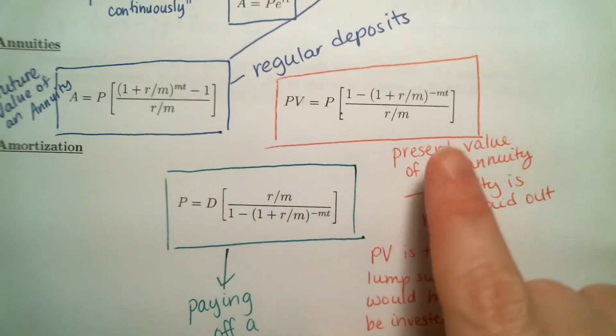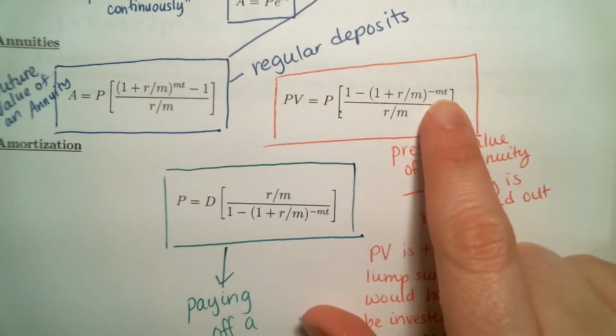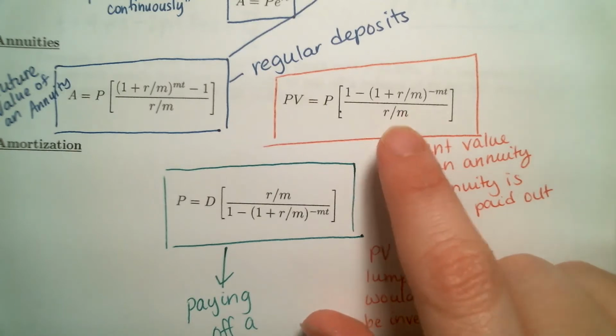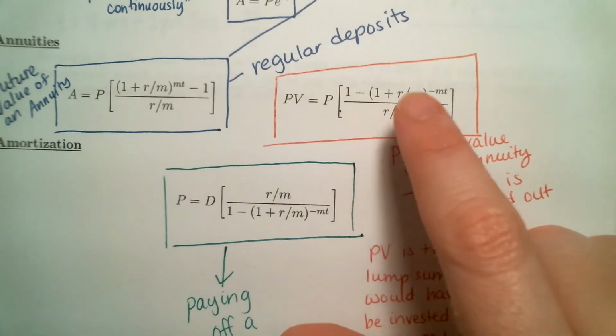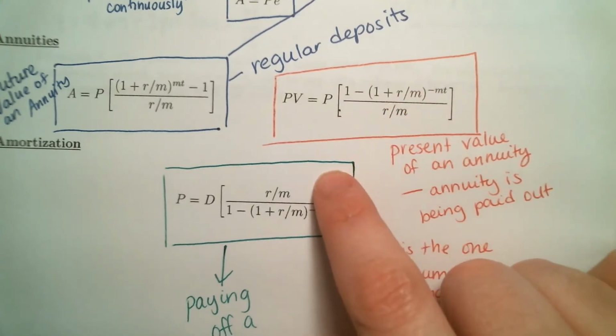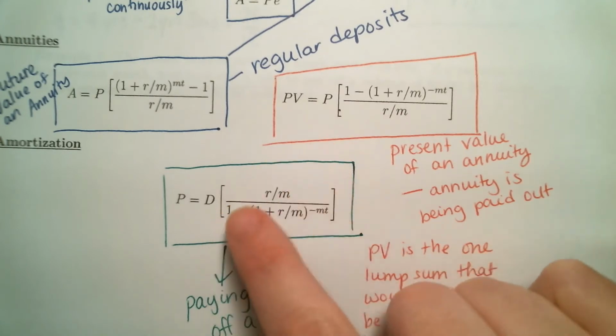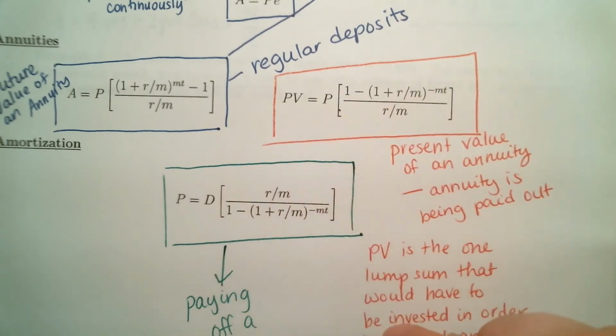In this formula, T is in the numerator, so I would use this formula instead because it's a little bit easier to solve for time in the numerator as opposed to the denominator. We're going to use this one. Remember, the only difference is that PV and D are the same thing. That's what you've got to remember if you're using these interchangeably.